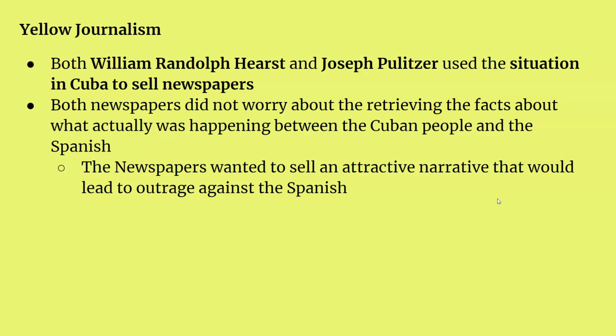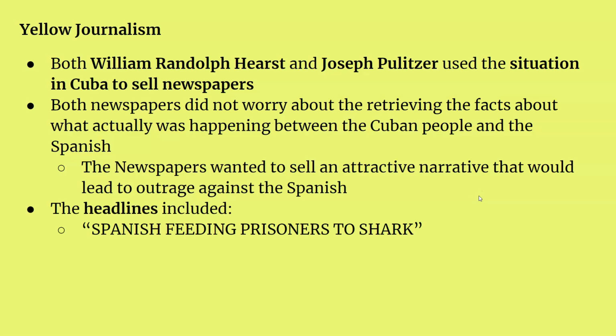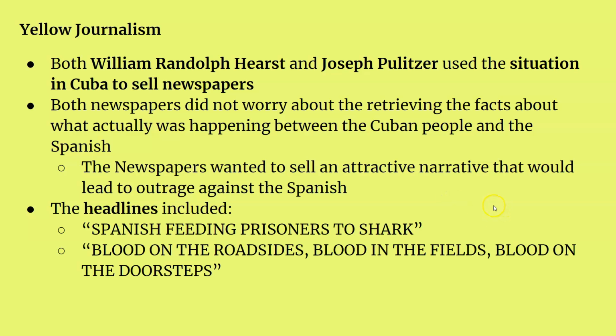Believe it or not, war sells newspapers, and so if they can spin the narrative that the Spanish are evil, they think they'll sell more newspapers. Like "Spanish feeding prisoners to sharks." Whoa, that's a newspaper grab. Or "blood on the roadsides, blood in the fields, blood on the doorsteps." Whoa, what's going on in Cuba? People are interested and they want to read newspapers, and the more newspapers they will sell.